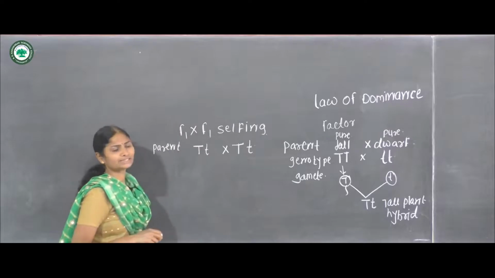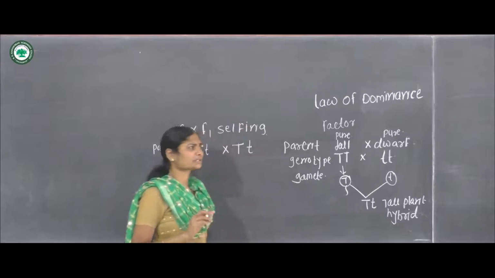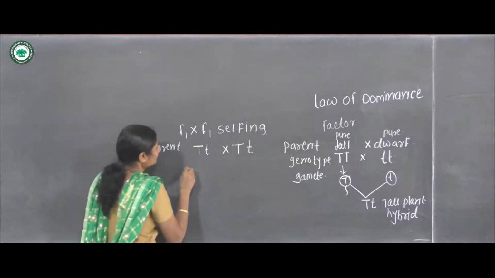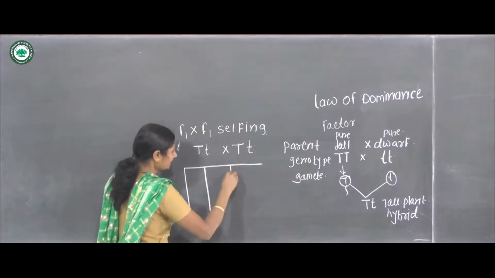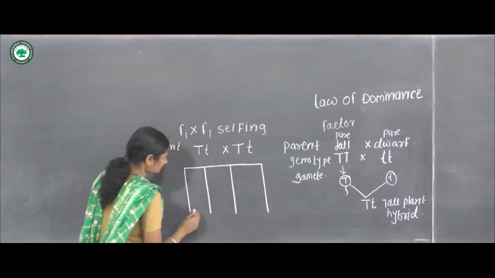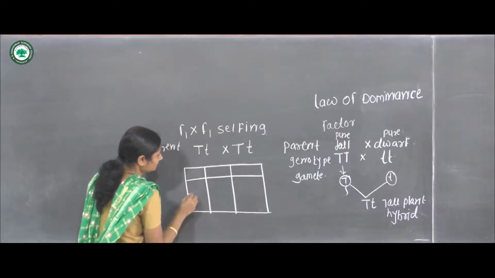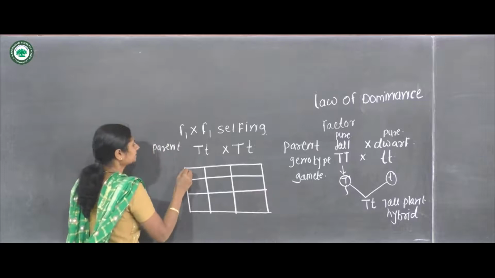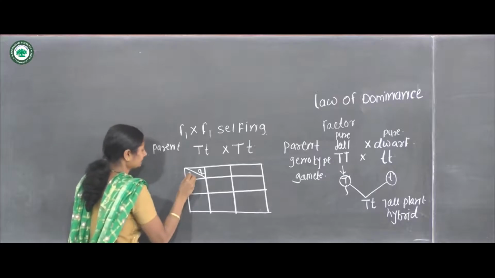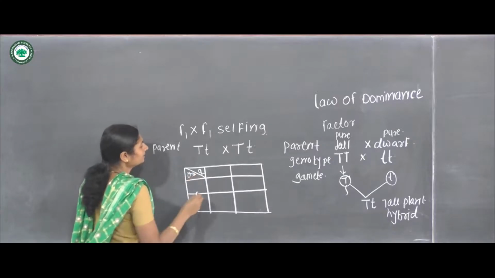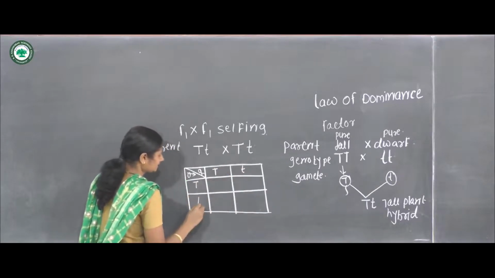When this cross is put into Mendel's Punnett square, it shows the different gametes from the male and female plants: capital T, small t, and capital T, small t.